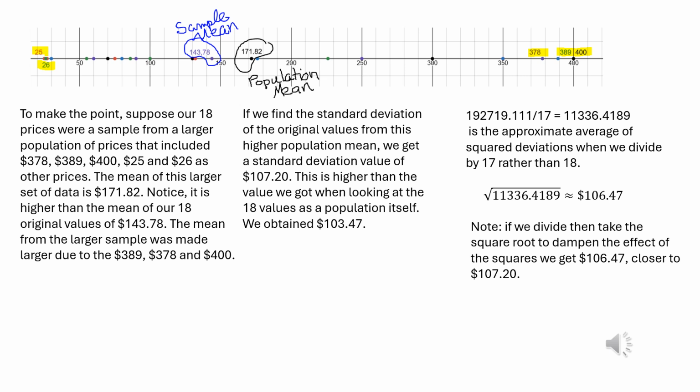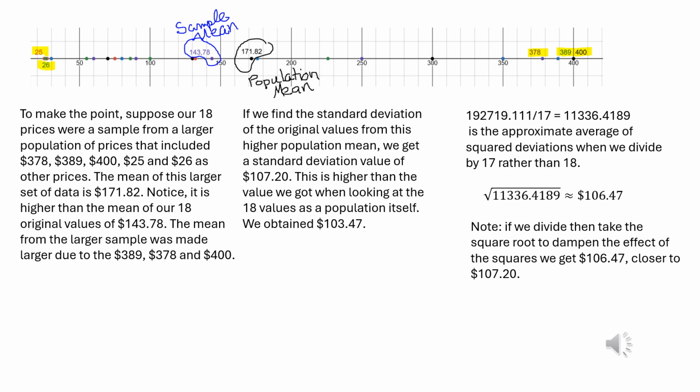So notice $107.20 is higher than what we got when we looked at the 18 values as their own little entity. We ended up with a standard deviation of $103.47.